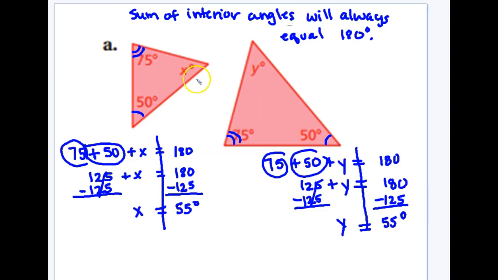So that means that I can say about these two triangles that since they have two matching angles, the third are also going to be matching, and these triangles are similar.